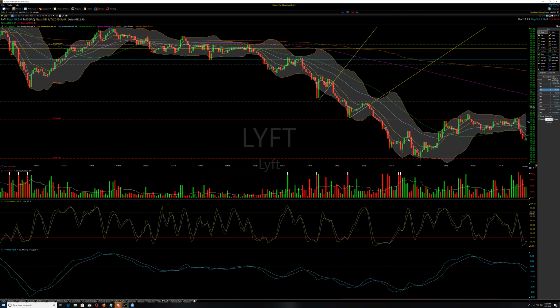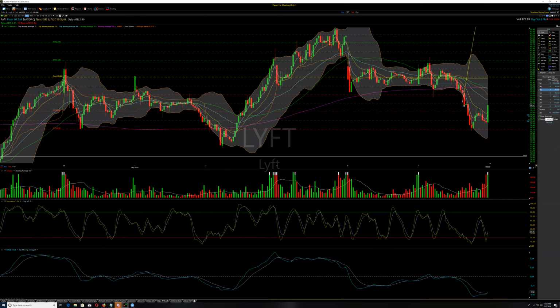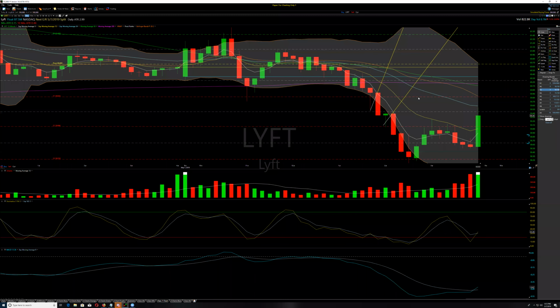Now, if you look at the overall big picture of what's actually happening, let's look at the 10-minute chart. You see any entry points on the 10-minute chart there? Not really. My entry was way back here at the beginning on a 10-minute chart. But what did the 10-minute chart tell me in general?